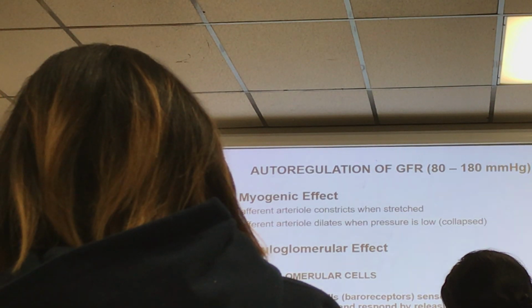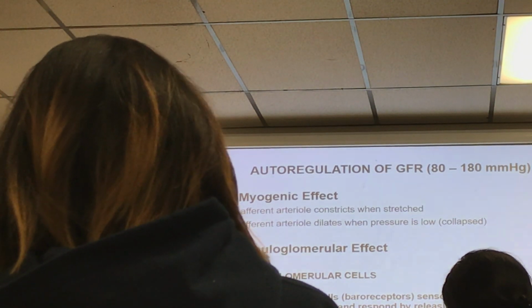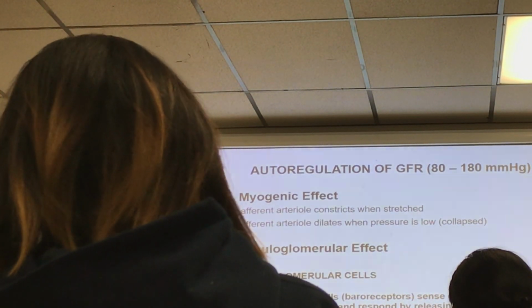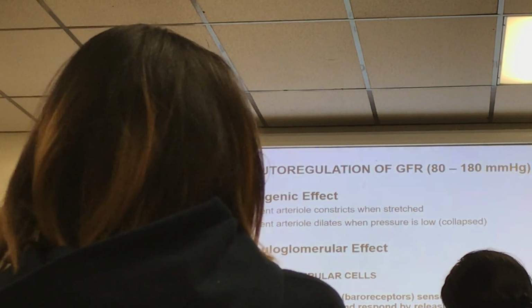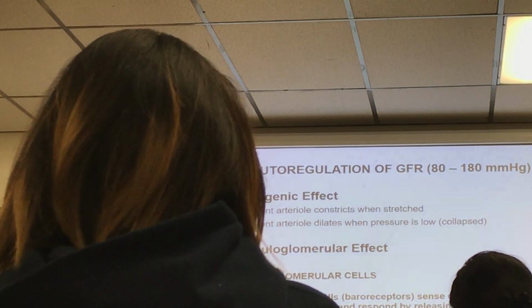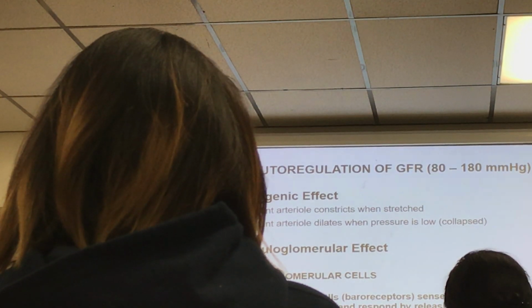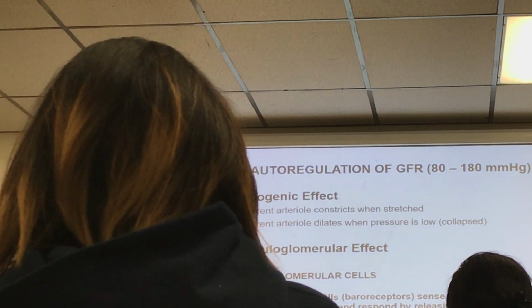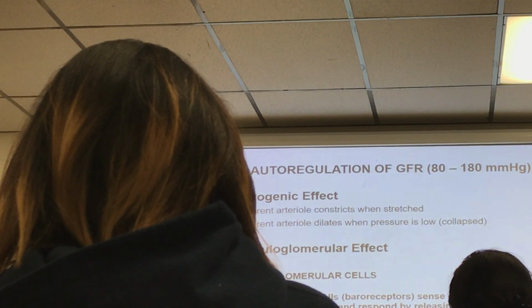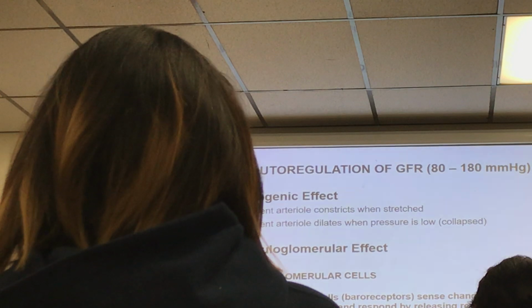So, if we have a lot of force pushing on the walls of the blood vessels, they will constrict to decrease the amount of flow through the capillaries, protecting the capillary filtration membrane against damage from high pressure.